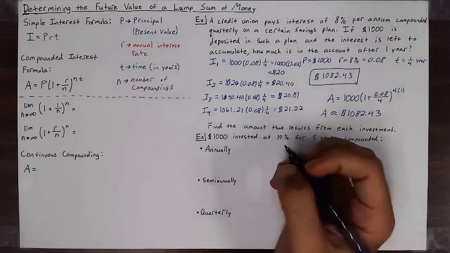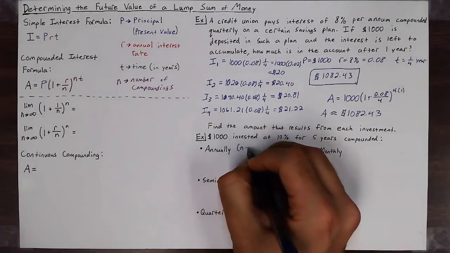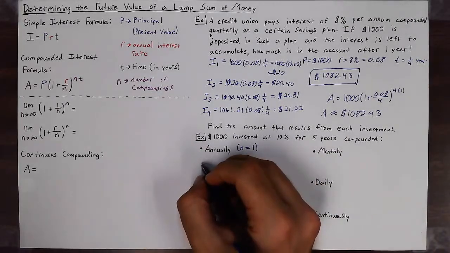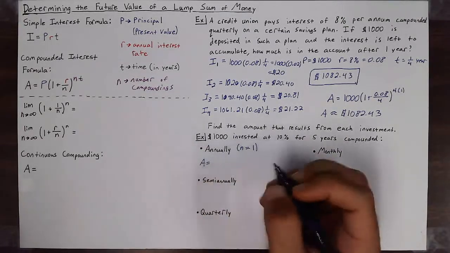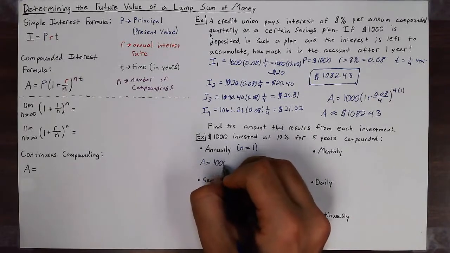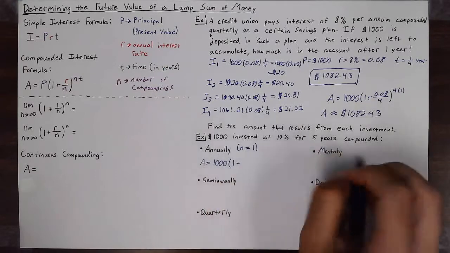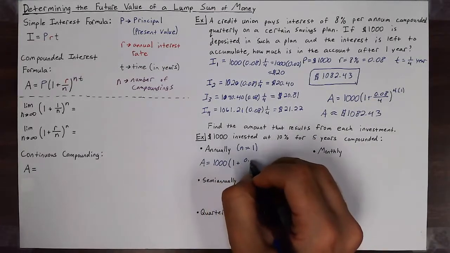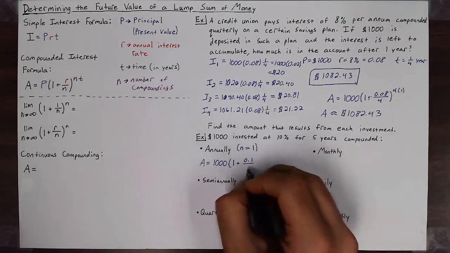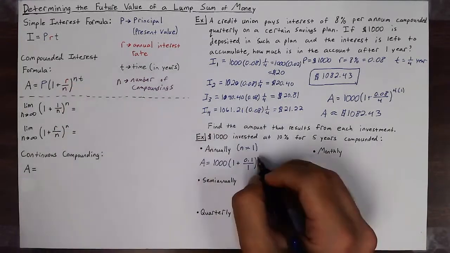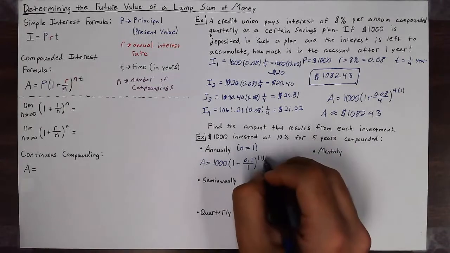But annually means that only once a year. So the number of compoundings would be 1. So if I use that in the formula, I'll get that my future value will be $1,000, my principal, times 1 plus the rate, which was 10%, so 0.1, over 1, because there's only 1 compounding, to the 1 times 5 years.